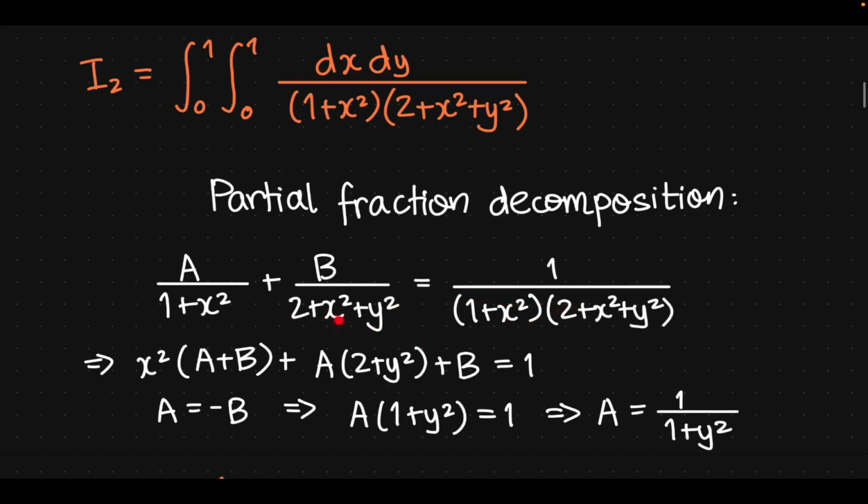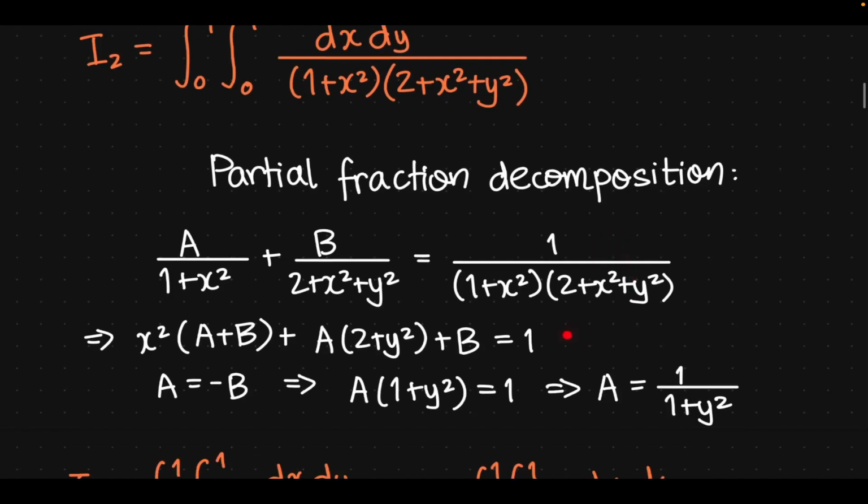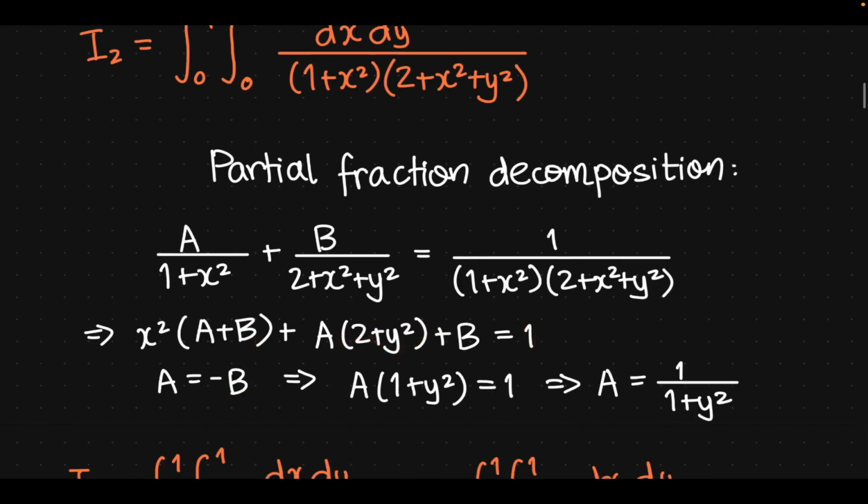If we collect second order terms, which is x squared terms, we have A plus B as the coefficient. And the constant term, because there's no x term, is A times 2 plus y squared plus B. And the right hand side is just the constant 1. There is no x squared dependence on the right hand side, so this A plus B has to be 0, which means A is minus B. And the constant term should be 1 because that's the constant term of the right side.